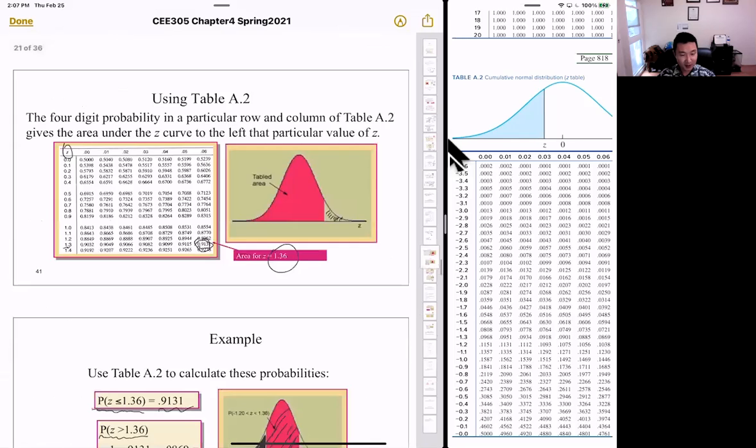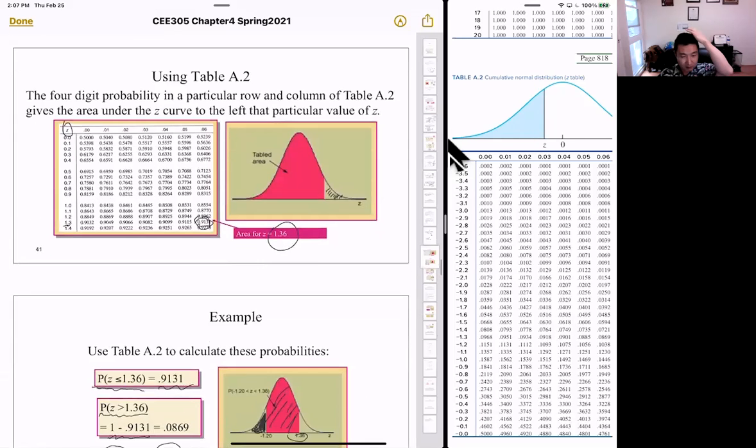And then we started doing some examples of how to use the z-table. Here the z-value is 1.36. The first column of the z-table gives 1.3, and the first row in the table gives 0.06.